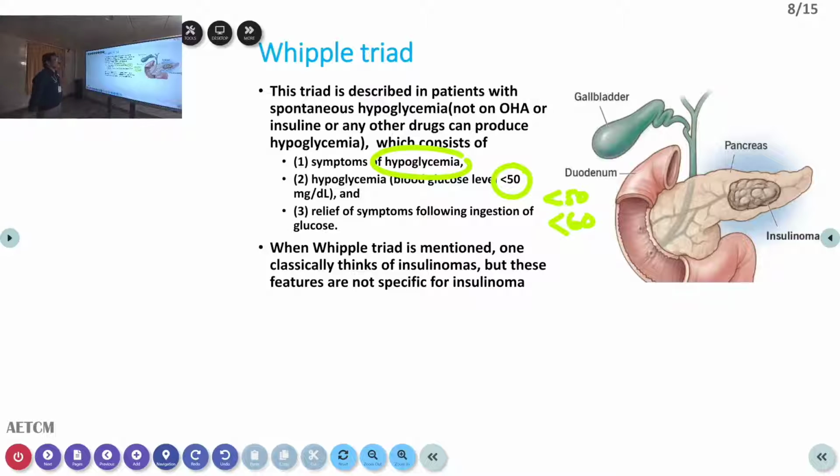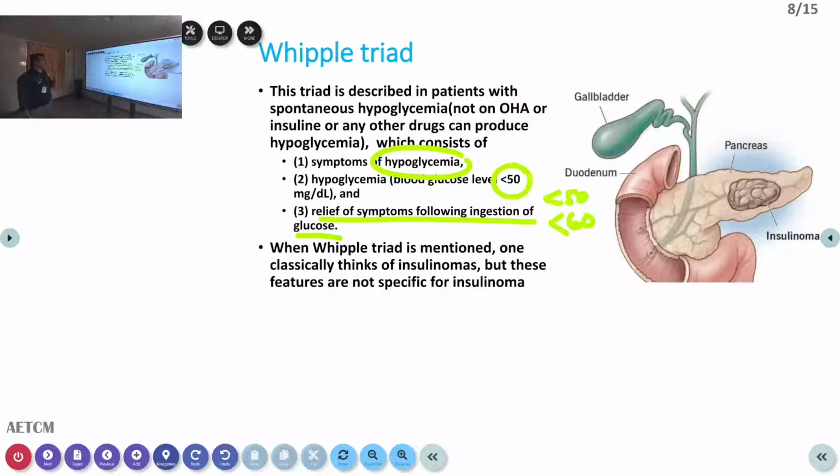Because a glucometer always gives some difference in value from lab investigation. And third, relief of symptoms following ingestion of glucose. This is called Whipple's triad. This is applicable for any type of hypoglycemia, but Whipple's triad is basically described in insulinoma.